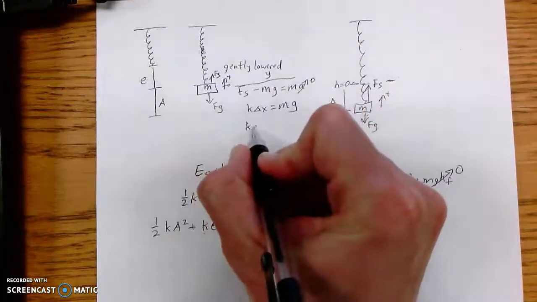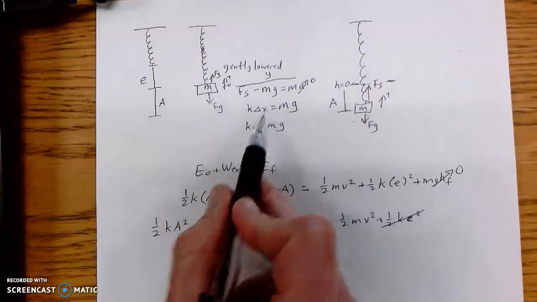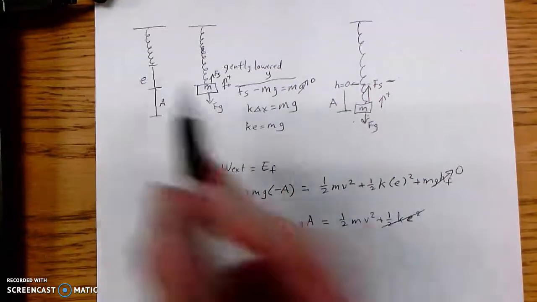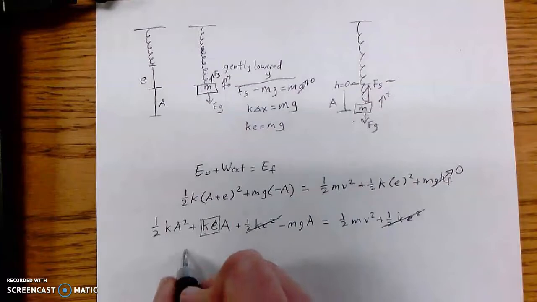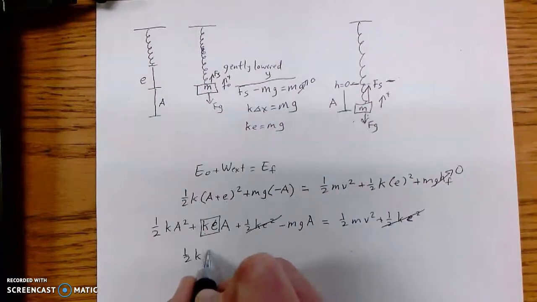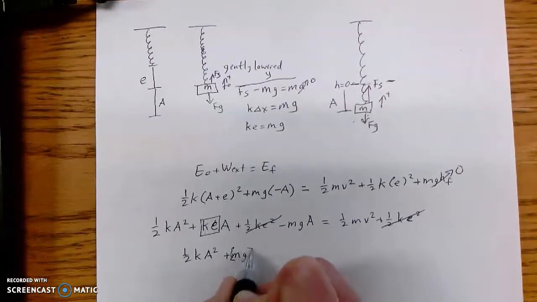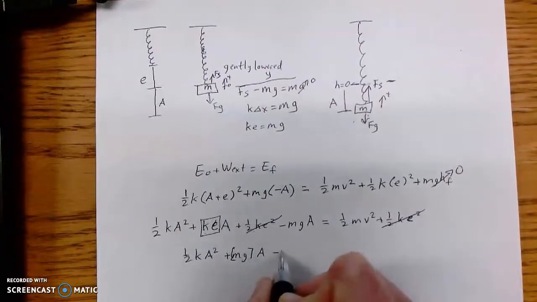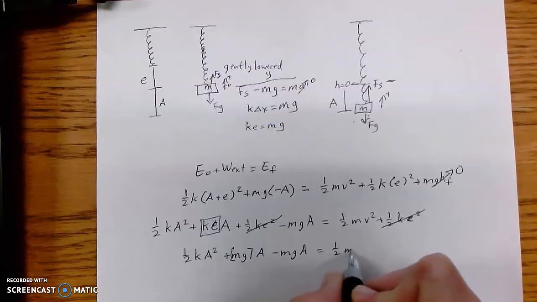So kE equals mg. When it's hanging, delta x is that distance E. So this term right here is nothing more, kE is mg. So 1/2 k A squared plus mg A minus mg A equals 1/2 mv squared.